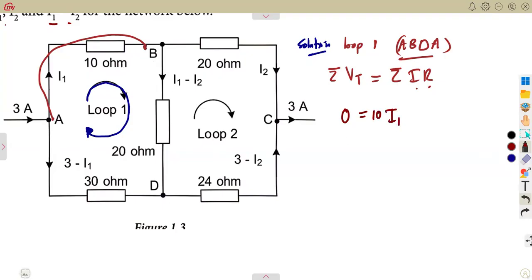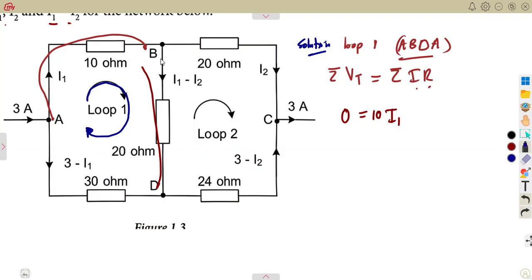We move on from point B to D. There is a current there, and this current is in the same direction as the way we are moving in this loop: A, B, D, A. From A to B we are moving in the same direction, and from B to D the current is going the same direction.